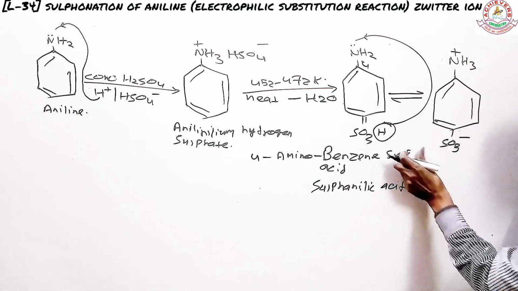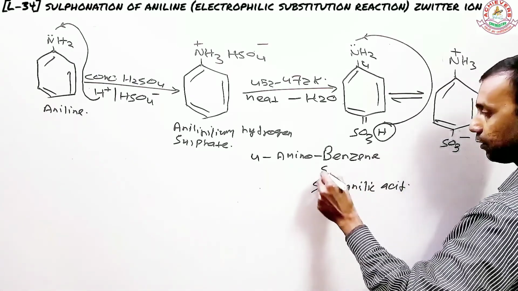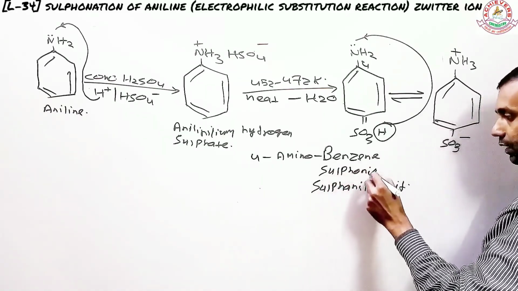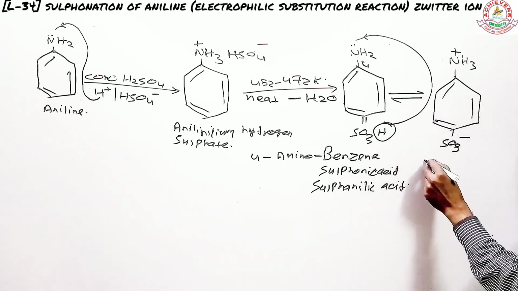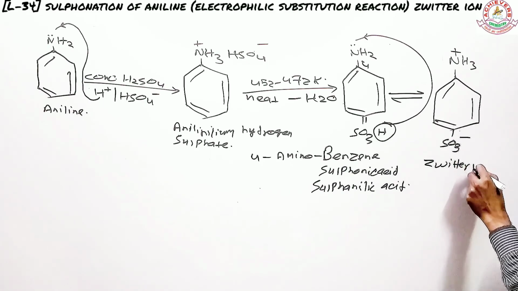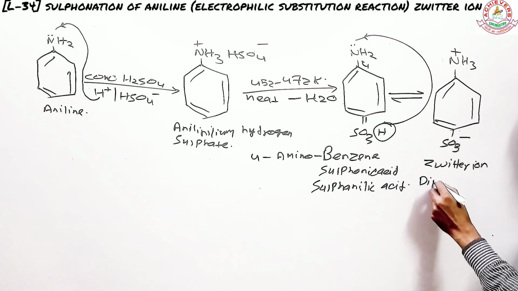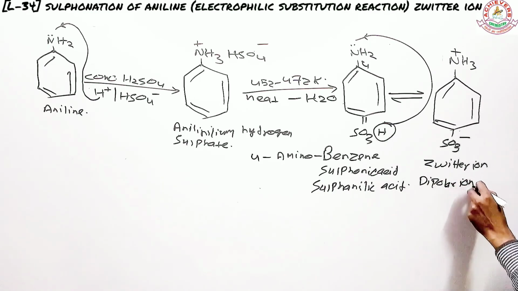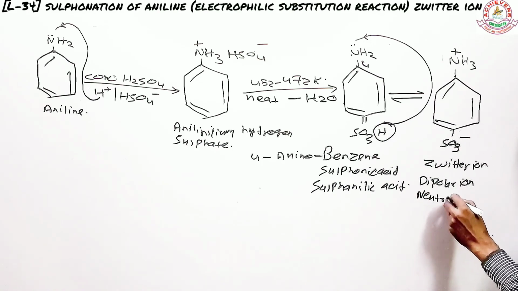So let me remove this a bit here. This was your benzene sulfonic acid. Now this is your Zwitter ion. This is also called a dipolar ion, and this is neutral.